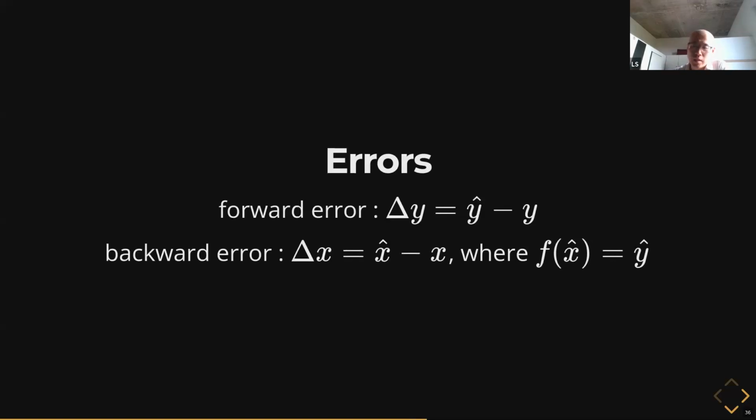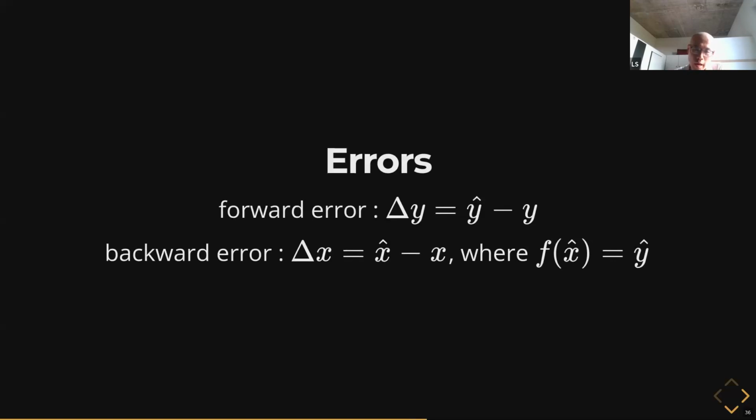Y is the precise prediction outcome with the true value, and many times we may not know it. And y hat is your prediction. Many times this forward error is difficult because we don't know the truth. I think somebody asked the question last time: when we build a geo model, we want to make predictions in places where there are no data. It's hard to analyze the forward error.